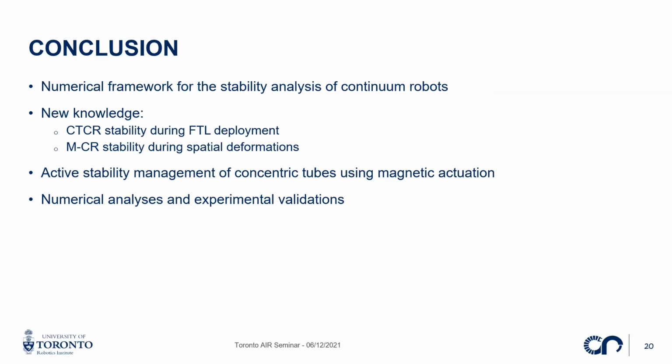And it allowed us to investigate a first active stability management strategy for concentric tubes using magnetic actuation. And all of these numerical results, we had the opportunity to validate them experimentally and to observe that we had good correlations between our prediction and the reality.